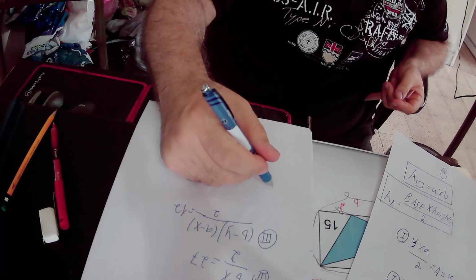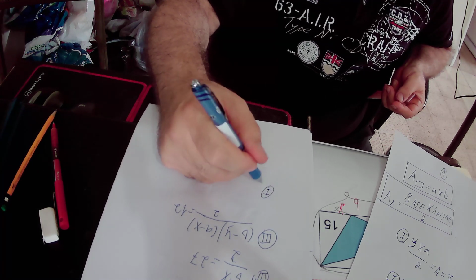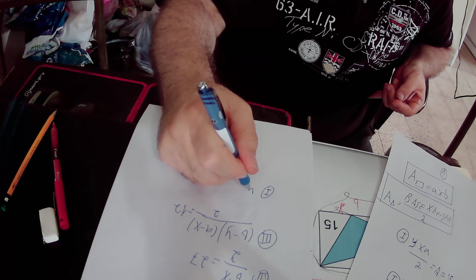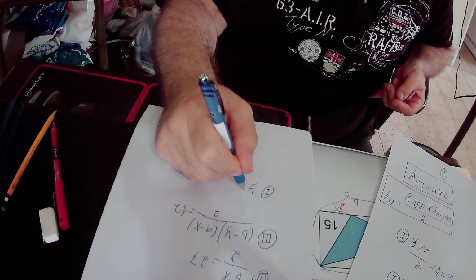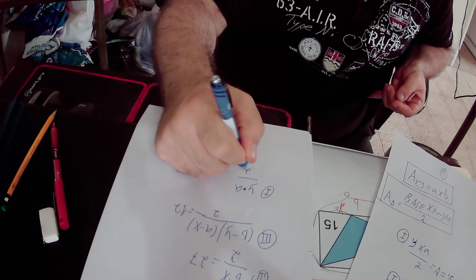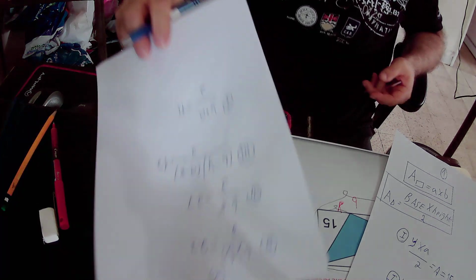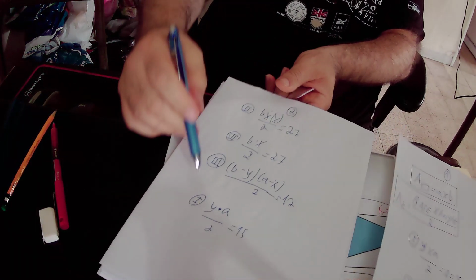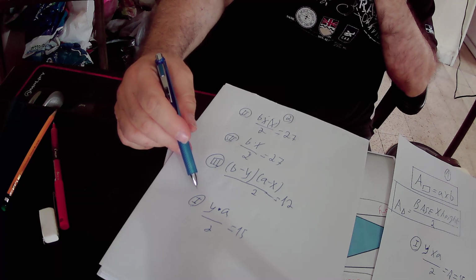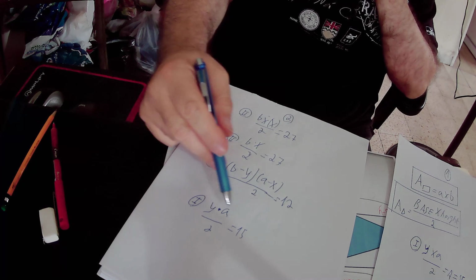The first equation is y times a divided by 2 equals 15 units. This is the first equation: the base of the triangle times the height of the triangle divided by 2 equals 15 units.